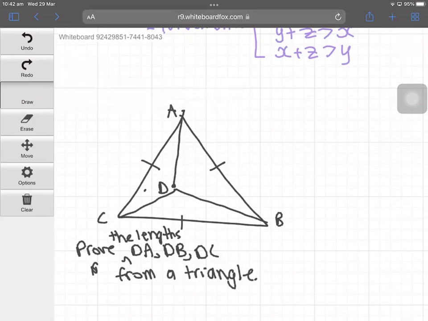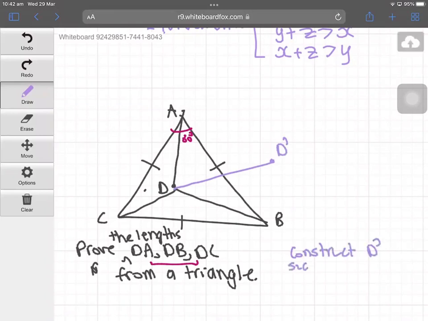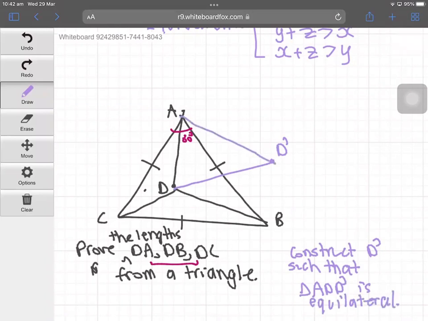And to prove this, we can move around these three lengths and try to construct a triangle. So we have a 60 degrees angle here. And what I'll do is I'll construct the point D prime such that triangle ADD prime is equilateral.